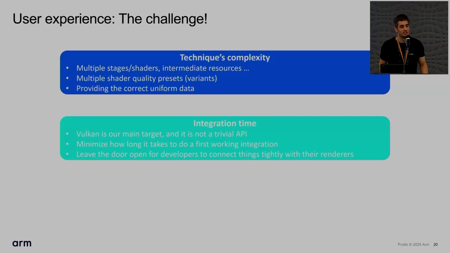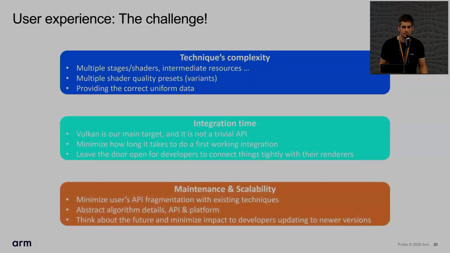Also, Vulkan is our main target, and we will see in a moment there are challenges associated with Vulkan. It's not a trivial API. So yeah, I wanted to provide a quick delivery mechanism when it comes to the Vulkan side of things. And the elephant in the room, maintenance and scalability, of course.